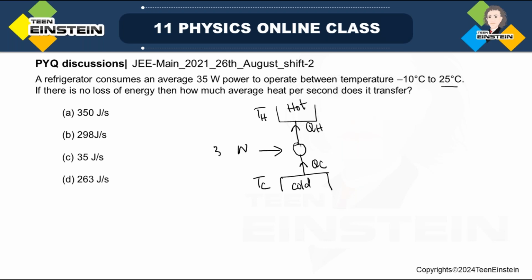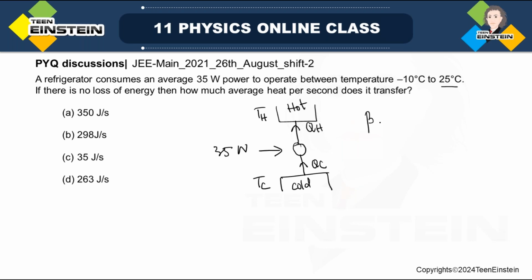So that is 35 watt given to the refrigerator. So when there is no loss of energy, how much average heat can it transfer from this cold reservoir to the hot reservoir per second, that you have to find out.